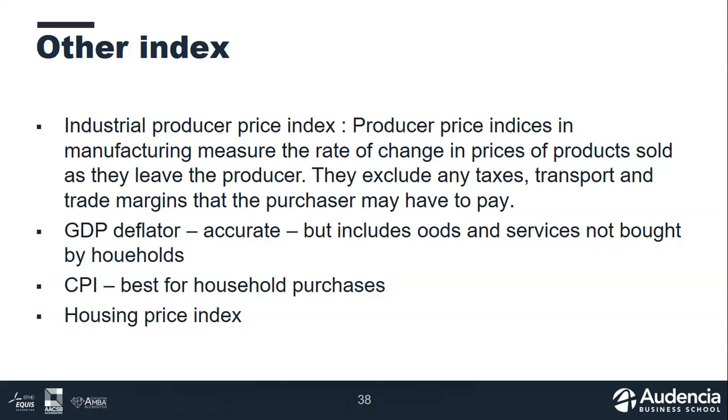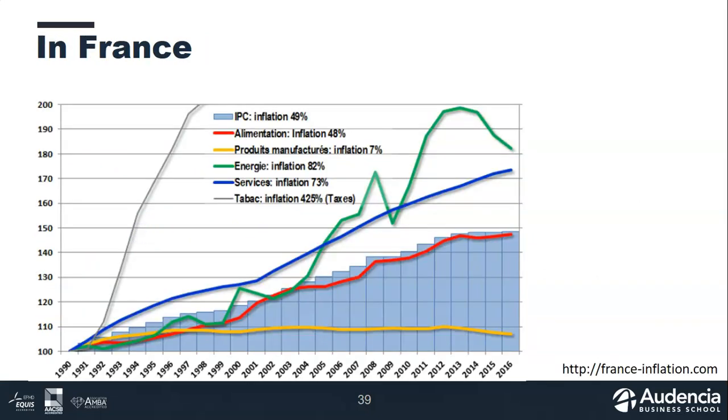We can also get specific indices. As I've told you before, some prices in the economy go up faster than others. Housing prices, for example, have been going up, and so we have a housing price index. We can also look at utility price indices. Here are some examples. If you go to the website franceinflation.com over here, you get an indicator.